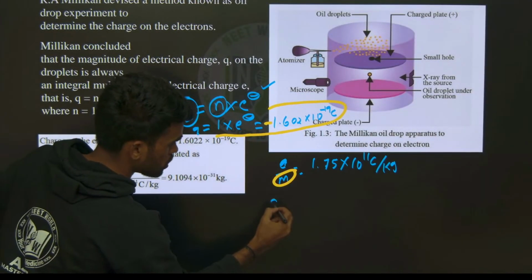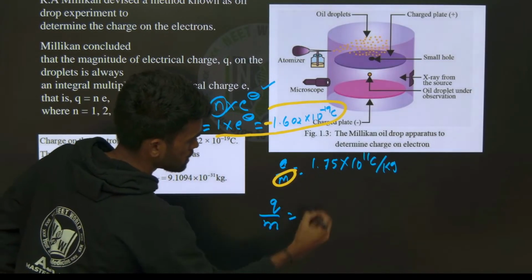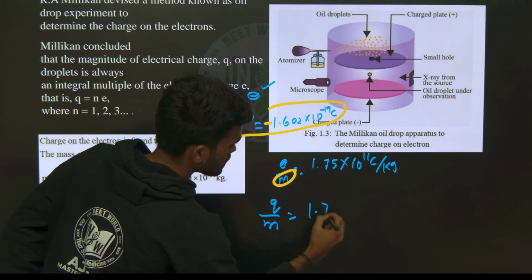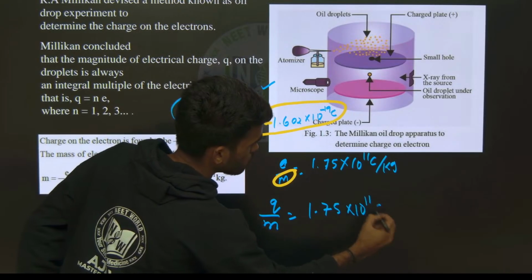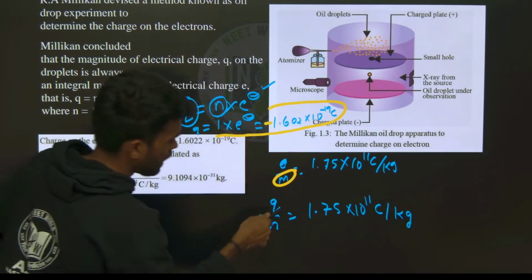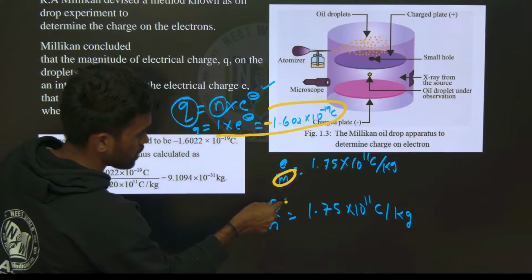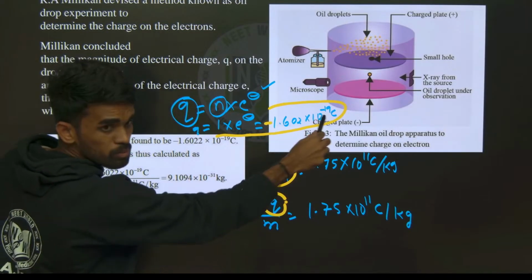Here the charge to mass ratio is 1.75 into 10 power 11 coulomb per kg, and here the charge we got is minus 1.602 into 10 power minus 19 coulomb.